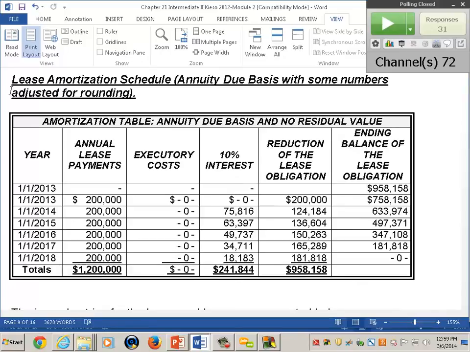The payment comes off, and then interest is calculated.